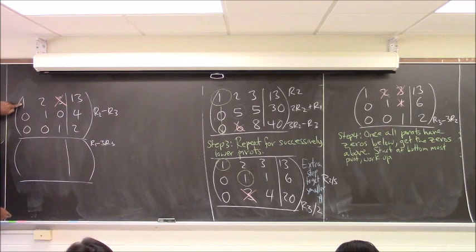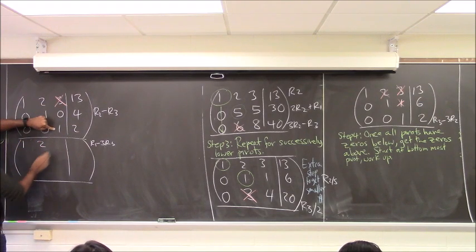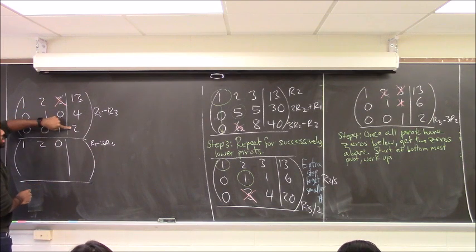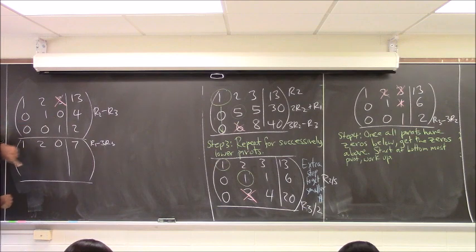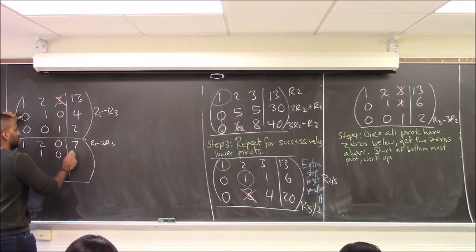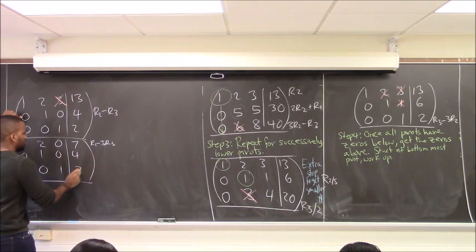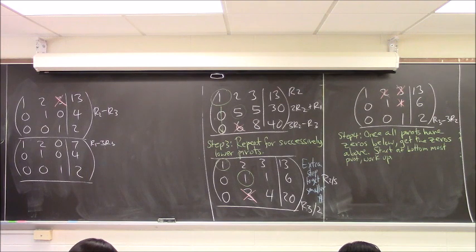So this minus 3 times that, this minus 3 times that, this minus 3 times that, this minus 3 times that is what? And these were fine. Right?